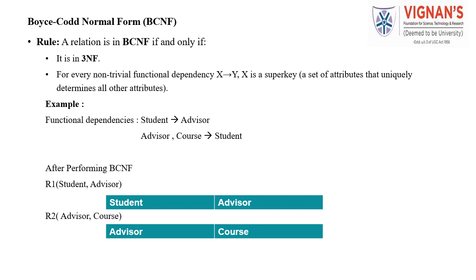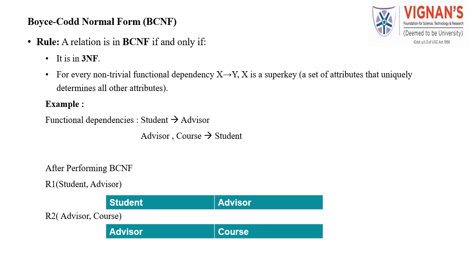Let us consider the given functional dependencies. Student determines advisor. Advisor, course determines student. Here, the relation includes student, advisor, course. In this example, student determines advisor is valid because student uniquely identifies advisor.